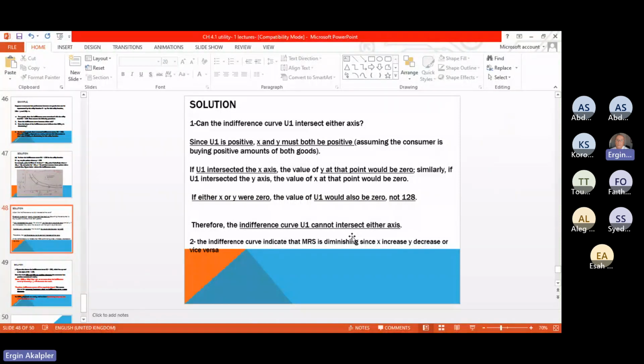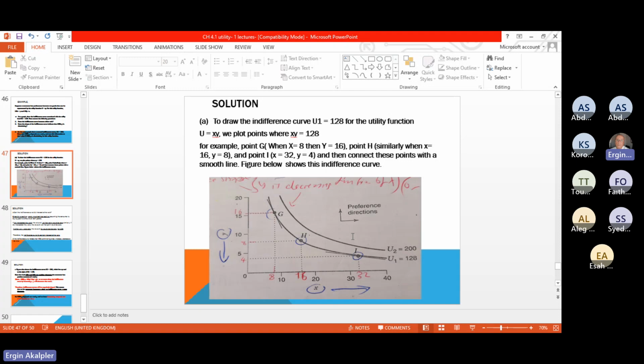And the indifference curve indicates that the marginal rate of substitution is diminishing, because as x increases, y decreases, or vice versa, as I showed here. When you give x 8, it means y 16. When you give x 16, y is going to 8.